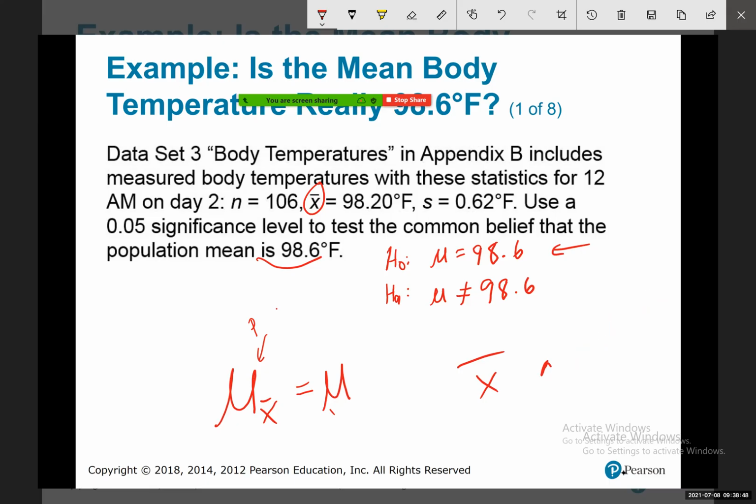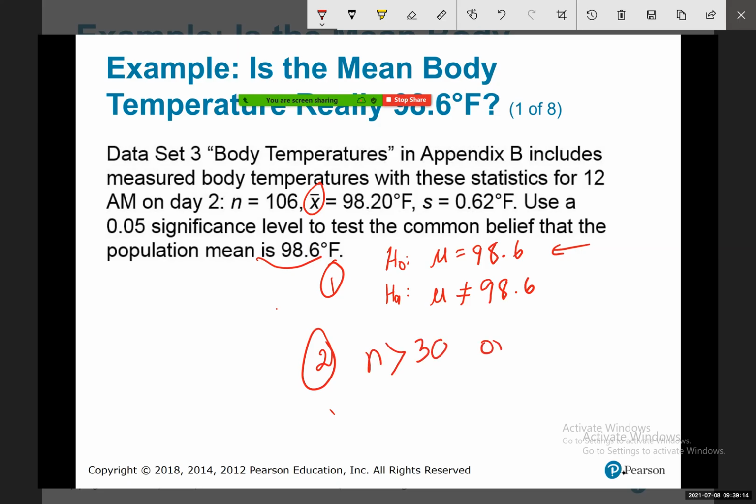Yep. Okay, good. So now let's put this into your calculator. Sigma is unknown, so you still use the t-test. Step one was this. Step two is a requirement: if either n is greater than 30 or the data is normally distributed.